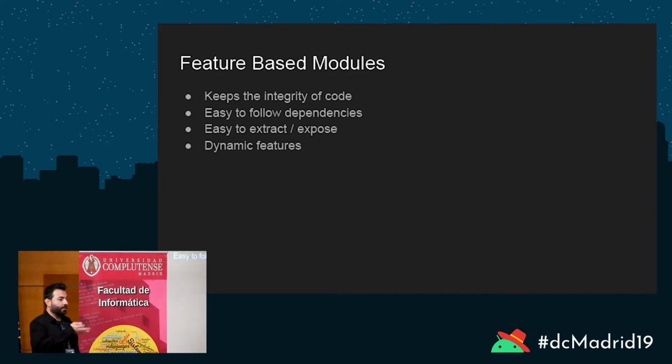You take the feature, follow all the dependencies it relies on, and then you know what that feature needs to compile or build. It's easy to extract and expose, as I mentioned, because you can follow the dependencies and extract it directly. And it works well with dynamic features, right? Because they need to be self-contained to be dynamically delivered.